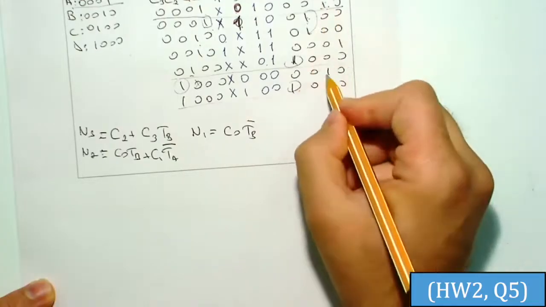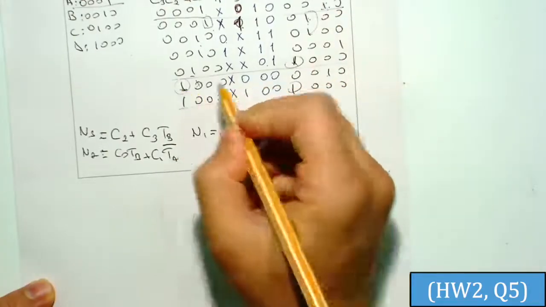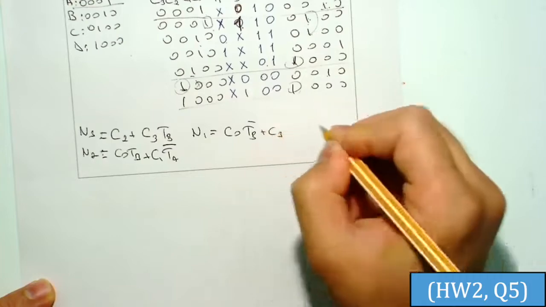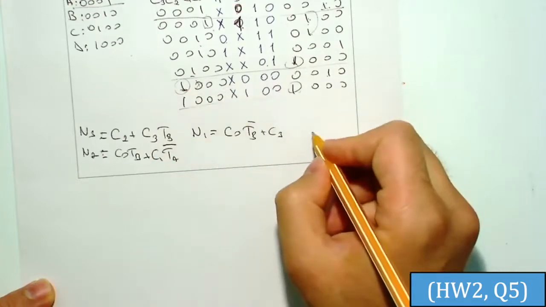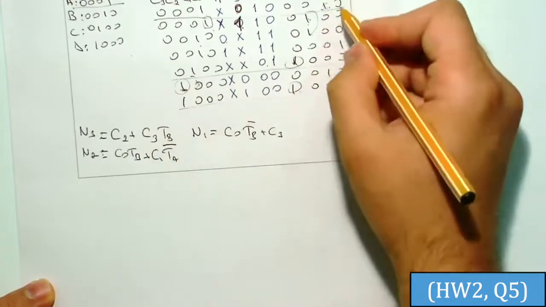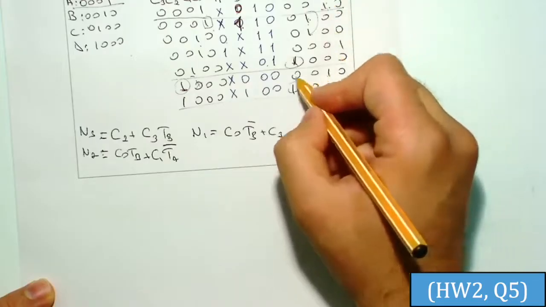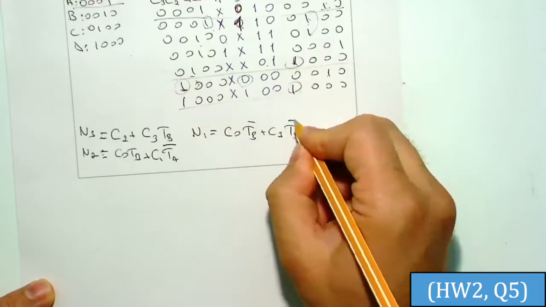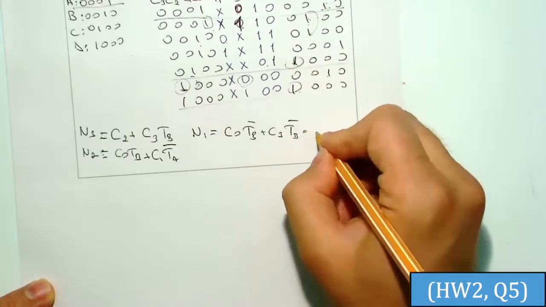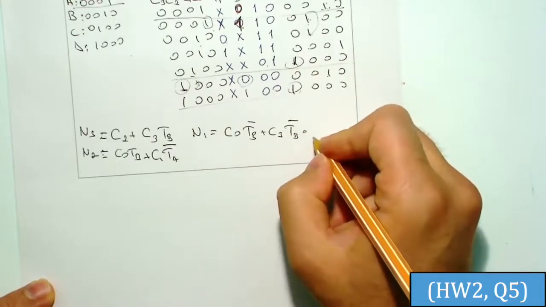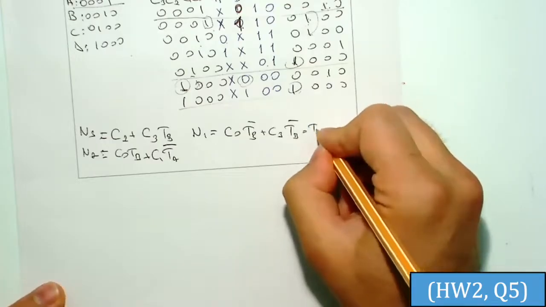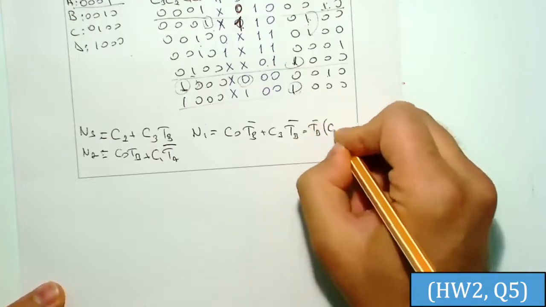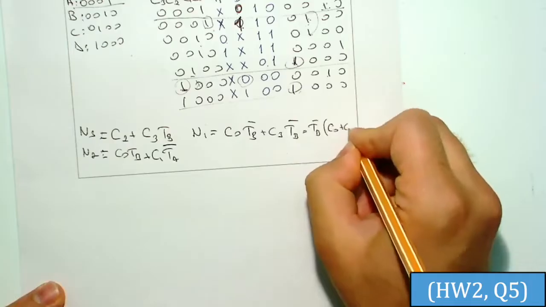And for that one, I have C3 as 1, and also we have TB 0. All right. So this should be simplified as, if I'm correct, TB not and C0 or C3, right?